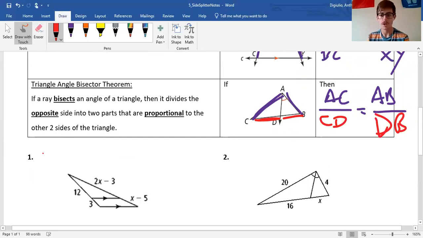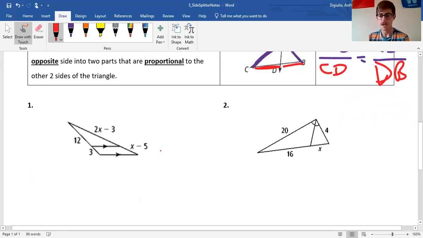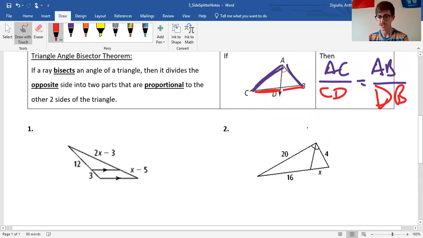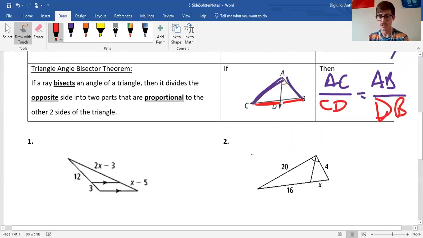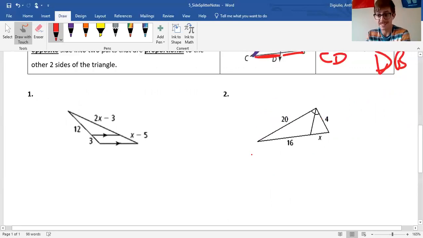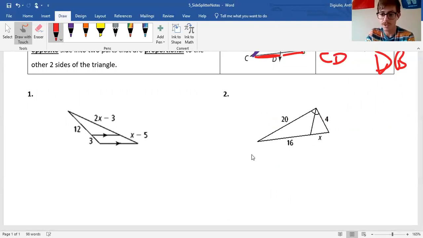The way that I like to do it is I look at this problem and I try to make a proportion that it already kind of looks like. So if I put those two lines there, doesn't that kind of look like a proportion I would write? 20 over 16 equals 4 over x.